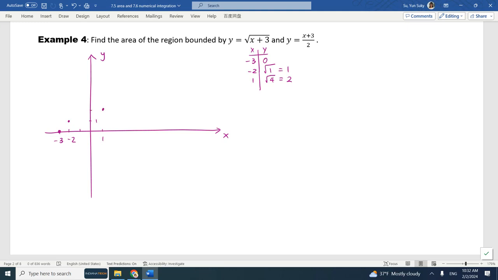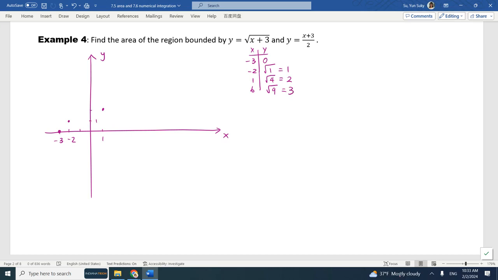Who's the next integer point? So 6 works. Yes, everybody? We plug in 6. What is 6 plus 3? 9. Square root of 9 is 3, right?